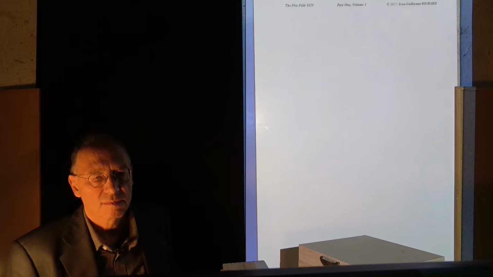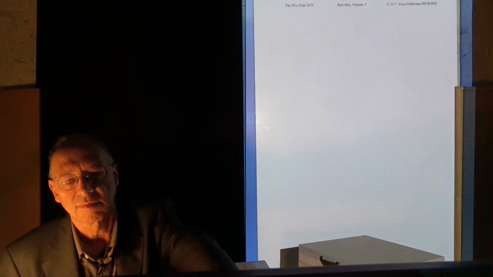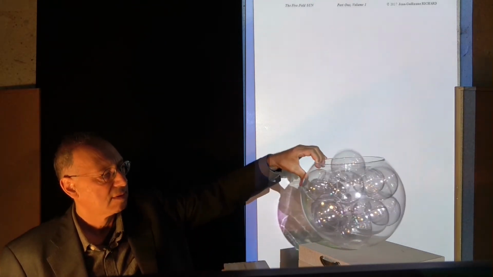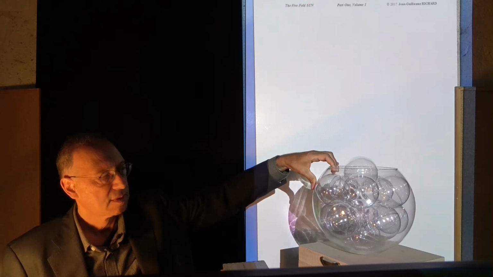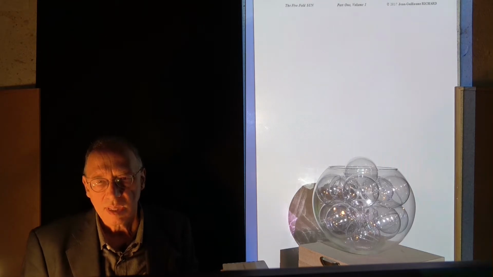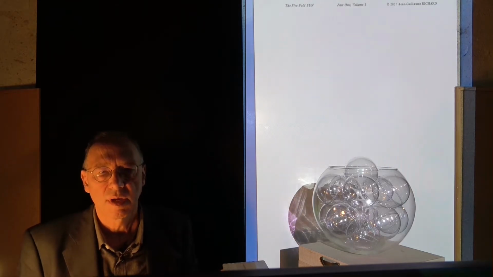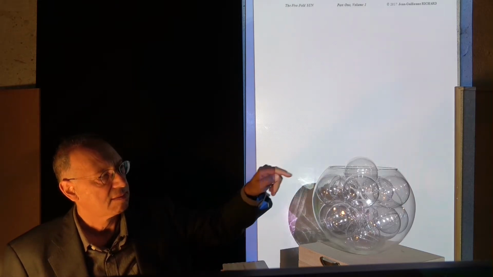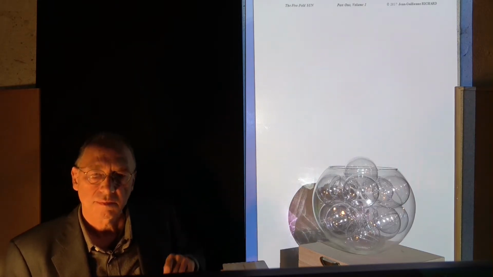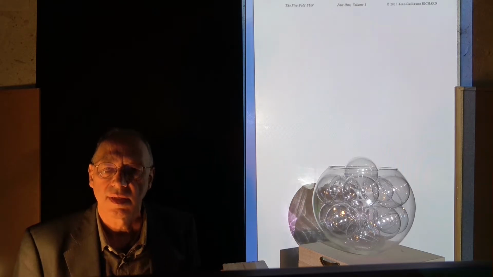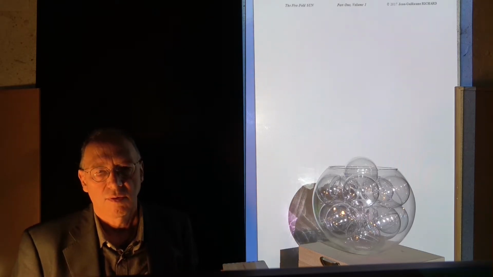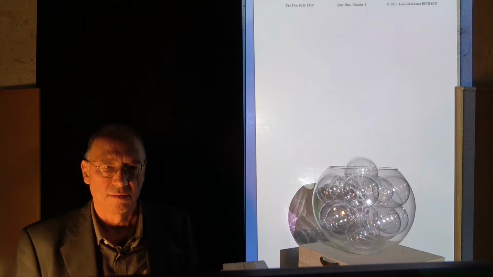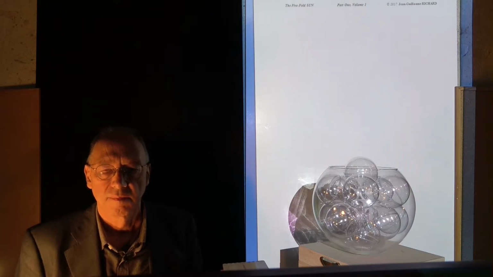For this, we will now use a set of transparent balls in the transparent outer sphere. In this set of transparent balls, now you can see that their diameters, in the way it is here arranged, they all point to the center of the overall sphere.